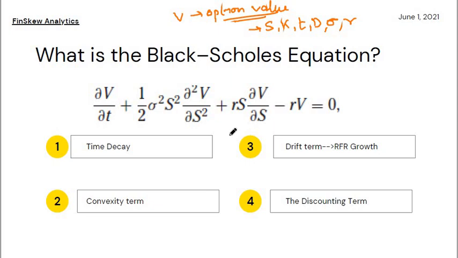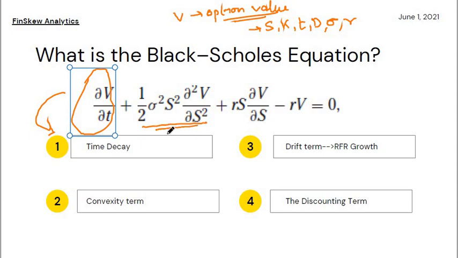Now, economically, if I just ignore the mathematical terms, the Black-Scholes equation consists of basically four things. The first is the time decay, which is delta V by delta T. Then this one, half of sigma square S square delta square V by delta S square, is the convexity term.